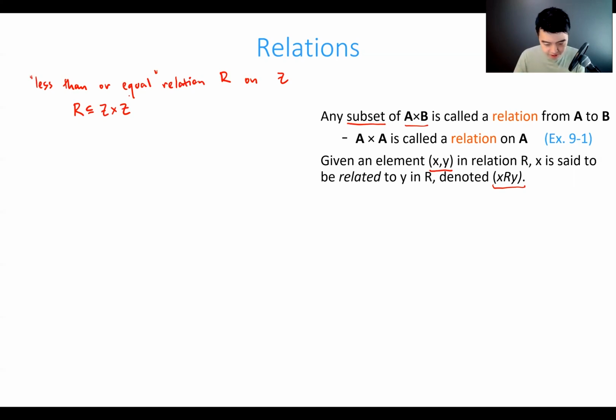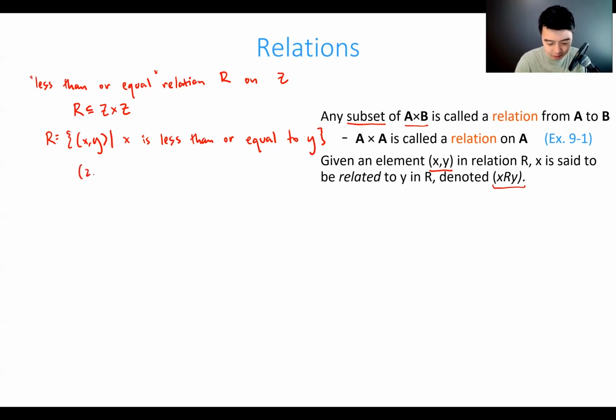Now, let's further define this less than or equal to relation. So the relation kind of looks like this. R is made up of objects that are in pairs (x, y), where x is less than or equal to y. Okay, that is our definition. So you can probably think about a couple of tuples that are in this relation.